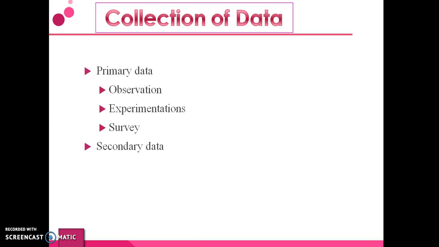The collection of data is the second stage of research design or research methodology, and it is further divided into primary data and secondary data. Primary data is gathered through observation, direct or indirect, experimentation with or without changing the environment, or survey concerning the situation or individual or a group.